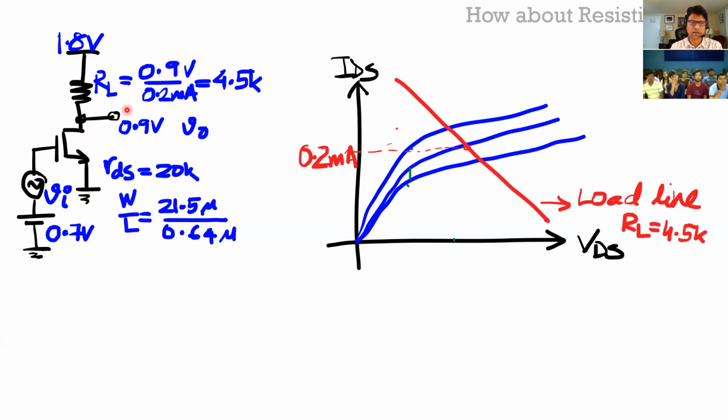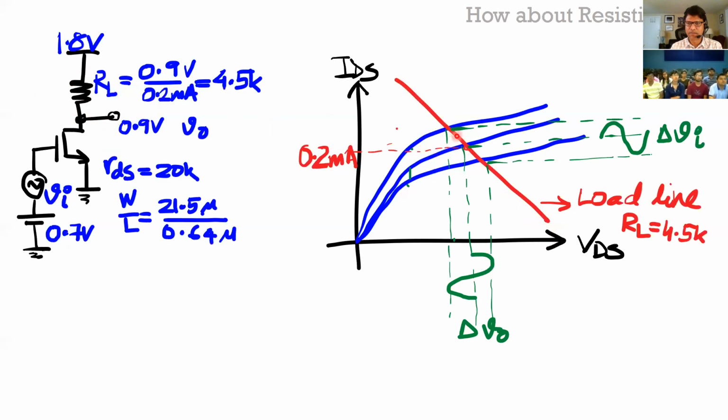Now if I draw the load line of the resistor, for the current source it was just flat, but since I have a resistor, as I change V out, the current through this RL is going to follow this pattern. That's your load resistor. The solutions are these points traveling along this. If I change the delta VI, I get a certain V out, but for a given current, I'm fixed with this RL.